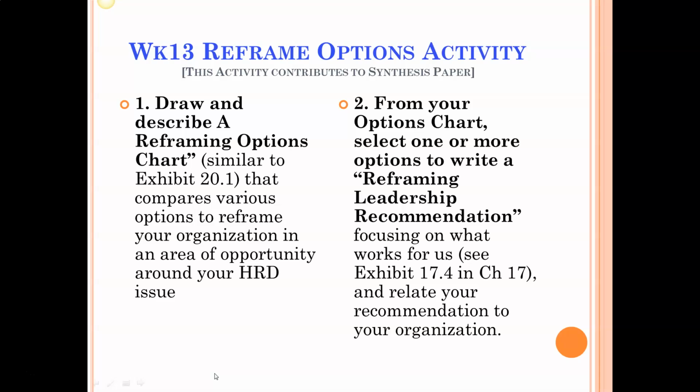Kennedy High School. Then secondly, the second piece of the activity for this week, week 13, is to select one or more of the options from that options chart you're making, to write a reframing leadership recommendation.